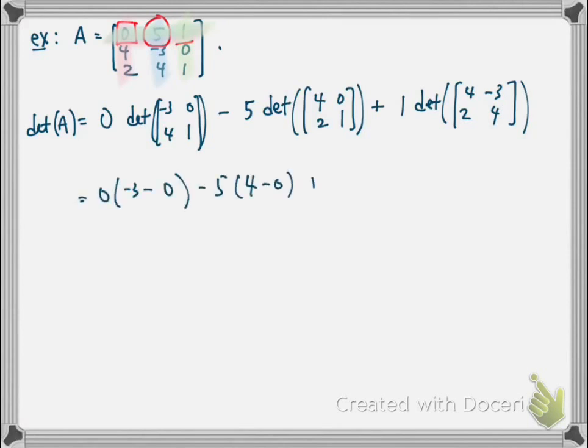Each of these 2 by 2 matrices I can compute using the formula, and I see that the determinant is 2 after I'm done with the arithmetic.